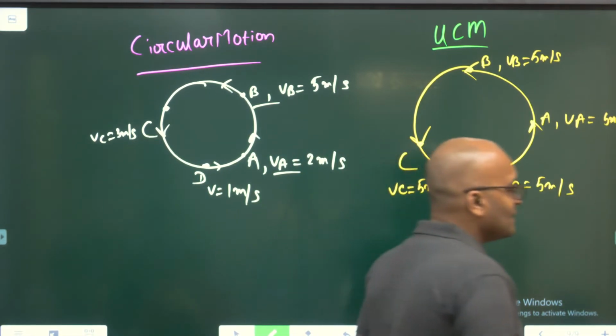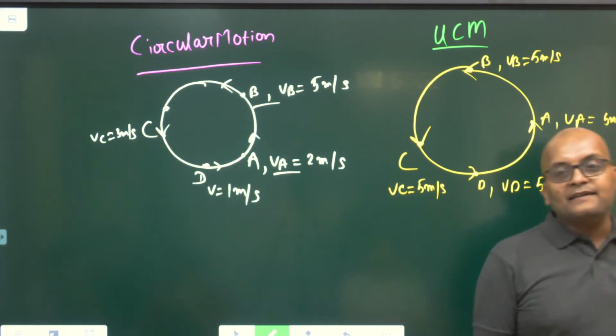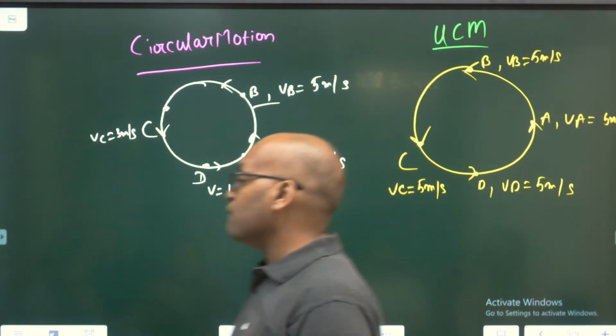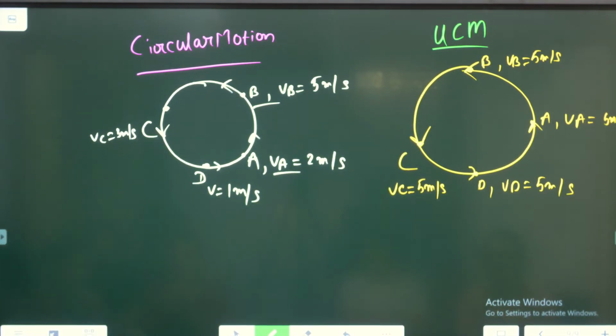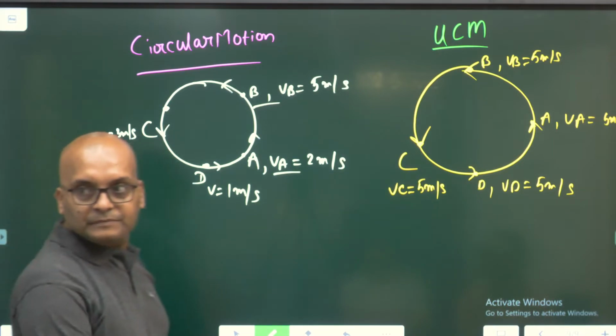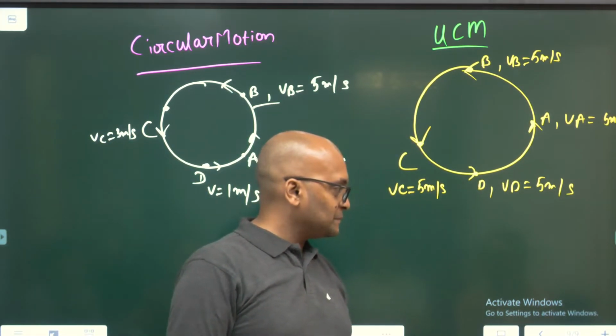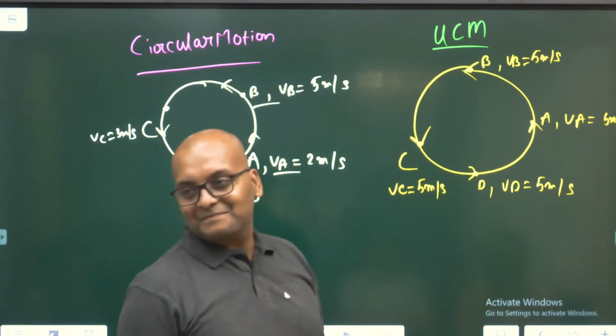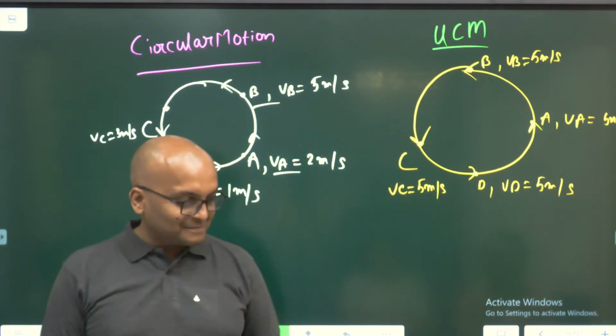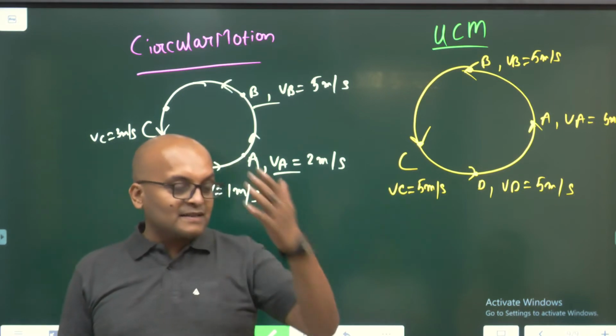Yes, Shireen. How can we say that revolution of Earth is UCM? By the time estimation, sir. Because every 24 hours it completes one rotation.